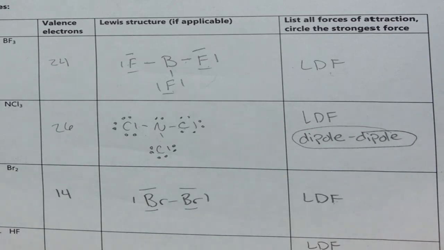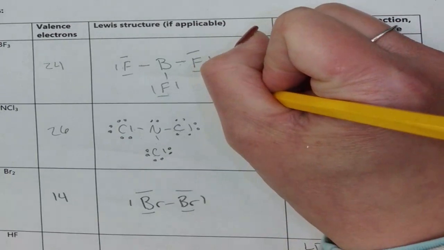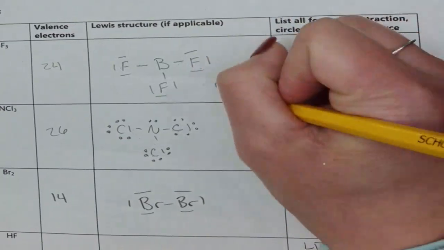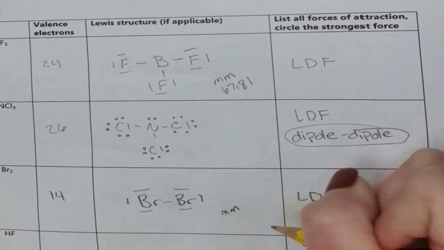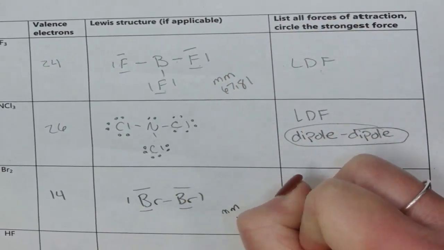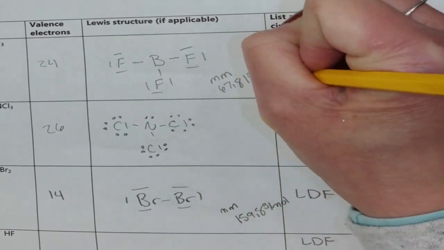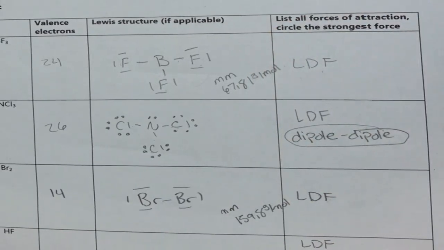we will find that the molar mass of BF3, and I'm just going to do MM for molar mass, gives us a value of 67.81, and the molar mass of bromine is 159.8, and of course our units there are grams per mole. Now in this video I'm making a lot of assumptions that you have previous information.